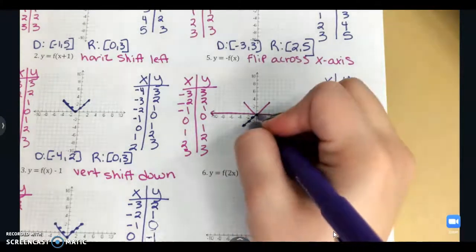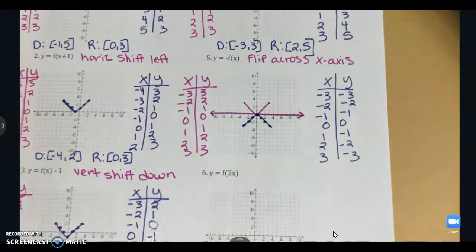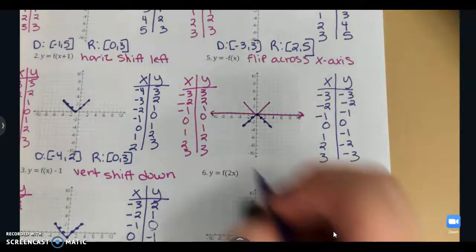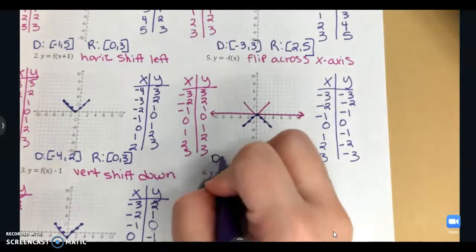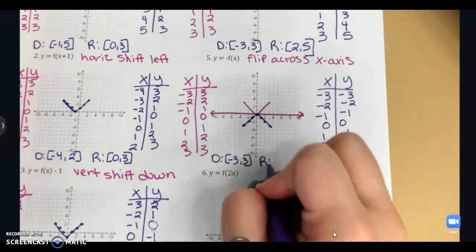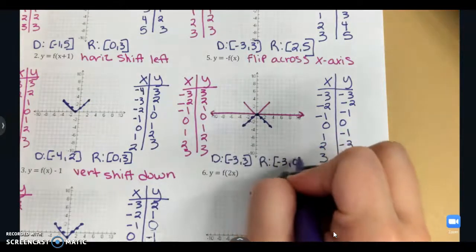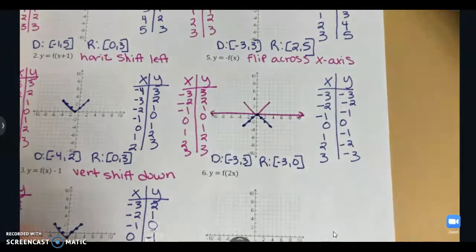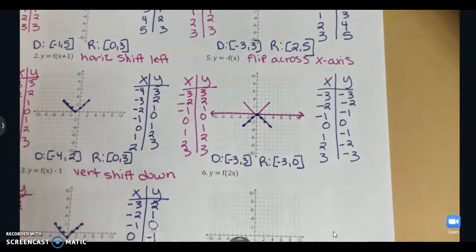And we plot those points. And there's my transformed function. My domain is still -3 to 3. And my range is now from -3 to 0. So when we flipped across the x-axis, it changed our range.